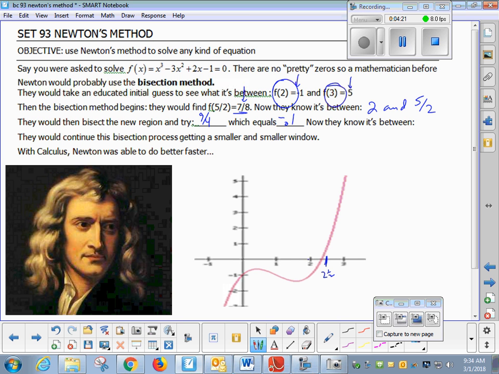Now they know an even smaller region. It would have to be between 9/4 and 5/2. So they could go with more precision and go to the 8s and so on. And they could get closer and closer and closer. Now, that would take a while, especially the bigger the fraction denominator, the worse this would get. So it would be pretty ugly. That's the way it was done for thousands of years, the bisection method.